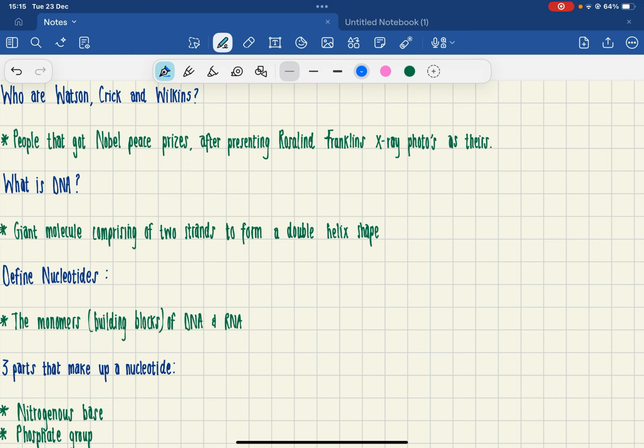But these three individuals got Nobel Prizes after presenting a certain lady's work as theirs. And that's Rosalind Franklin's X-ray photos. Rosalind Franklin took X-ray photos of DNA. And that's when Watson and Crick were able to decipher that, hey, listen, the shape or the structure of DNA is actually double helical.